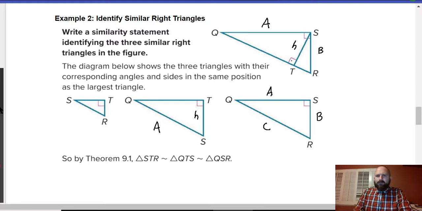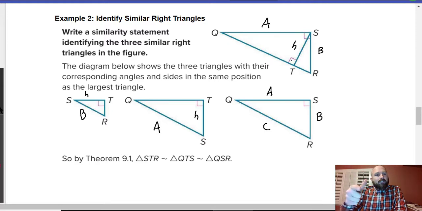The last one right here, SR, remember that was B, and then TR, we'd probably get a number for it later, but this ST right there, that's going to be H. So when we get something like this, we're going to want to make sure that we label our graphs.